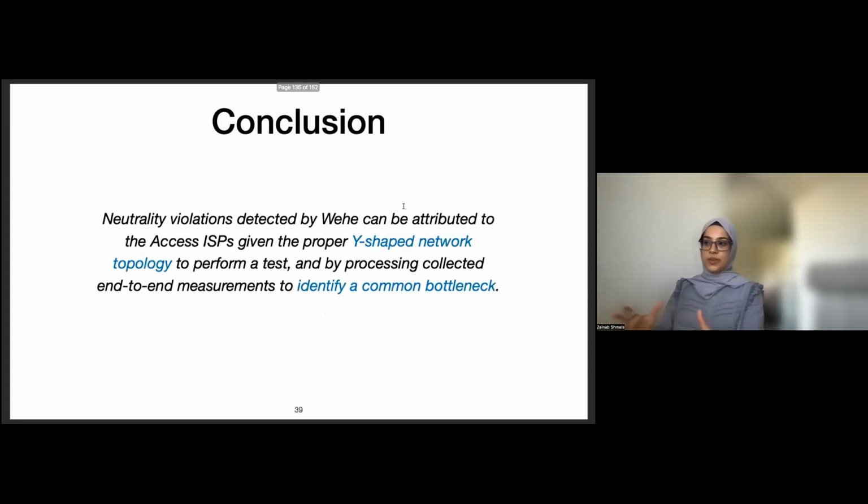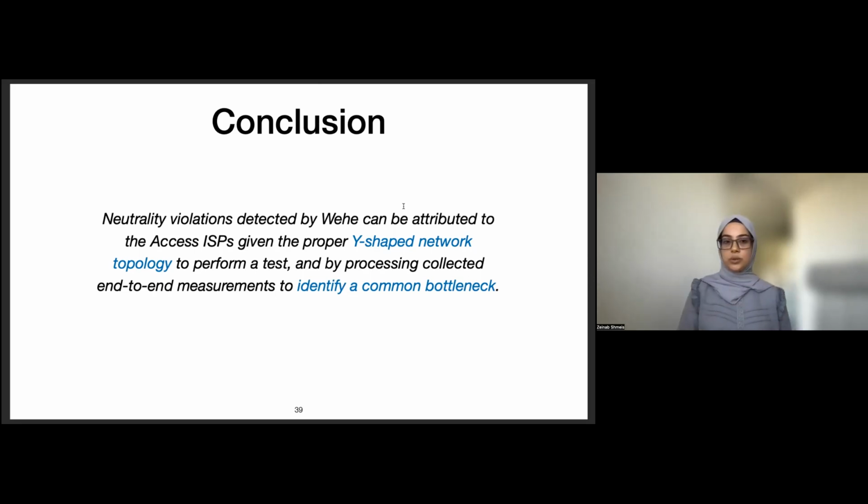So this brings us to the end of the talk. We explained what net neutrality is, and we've shown that neutrality violations detected by WeHe can be attributed to the access ISP when we have the proper Y-shaped topology, and through processing the collected end-to-end measurements to identify a common bottleneck.